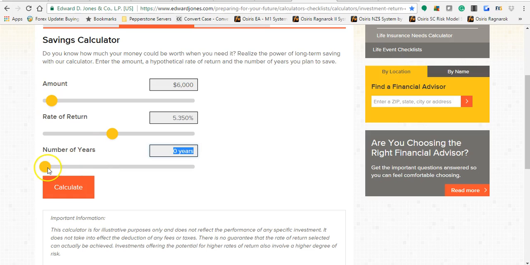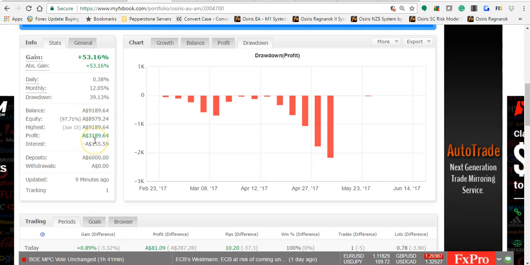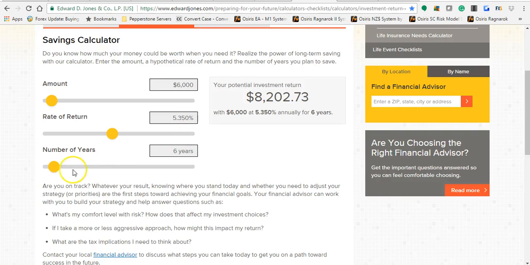Via traditional investments, if I actually find a bank that will give me that, let's see where we are sitting right now. If we check the account, we have a profit of $3,189. So let's take the equity, $8,979 if I close all the positions today. So say 7 years, maybe?